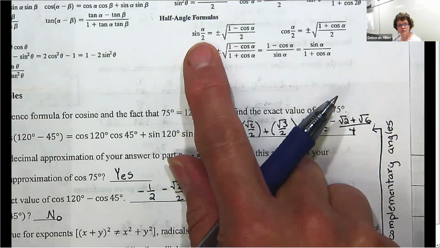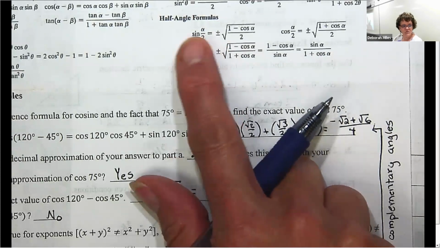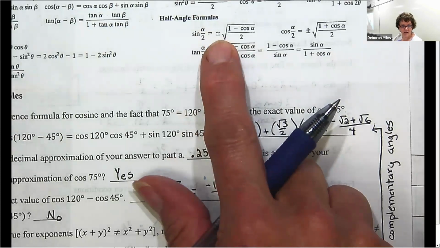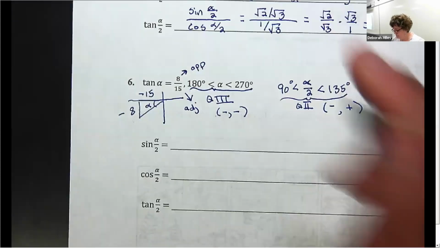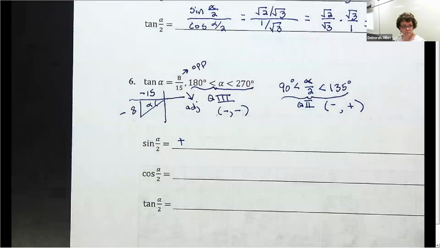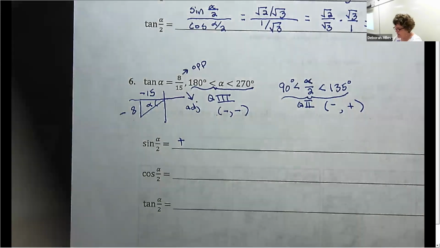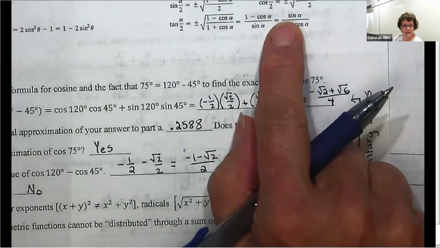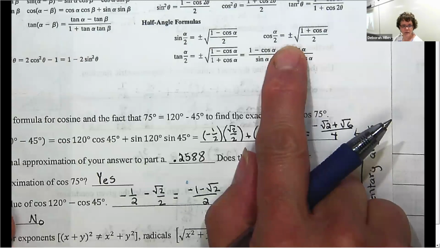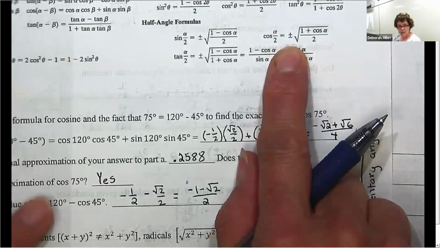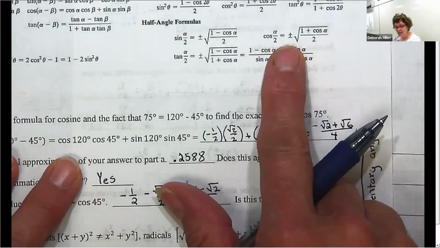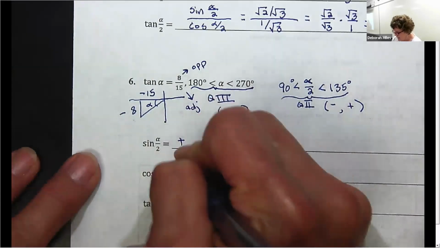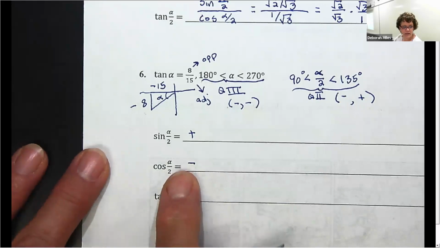That told me alpha over 2 is going to be in the second quadrant. So in the second quadrant, is sine going to be positive or negative? Sine's going to be positive. What about cosine in the second quadrant? Are we going to use the positive or the negative square root? Alpha over 2 is in the second quadrant, and in the second quadrant, your x's are negative, so your cosines are negative.